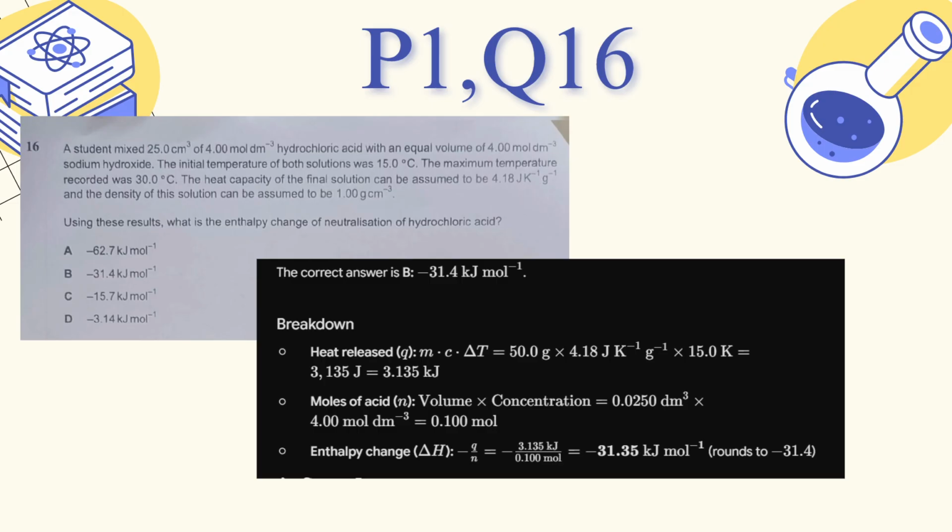And then we calculate the moles of acid, n equals volume times concentration, 0.0250 times 4 equals 0.100 mole.